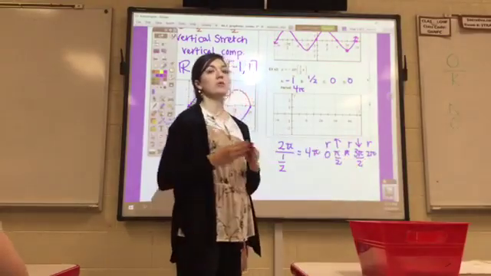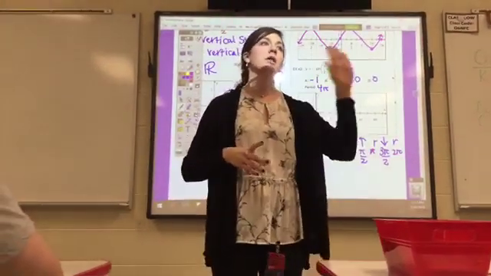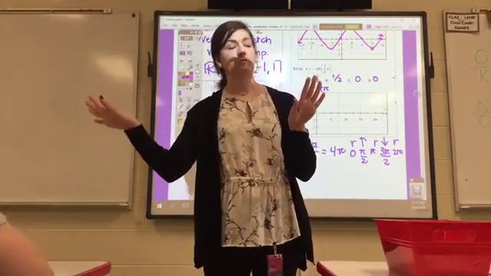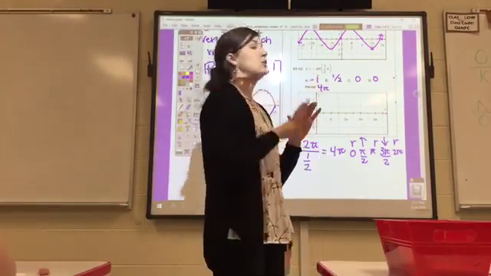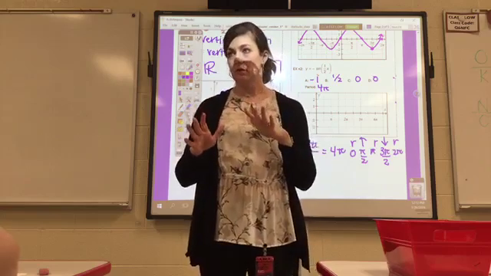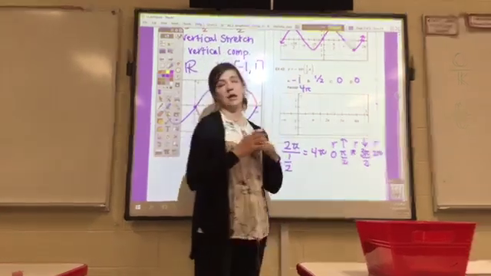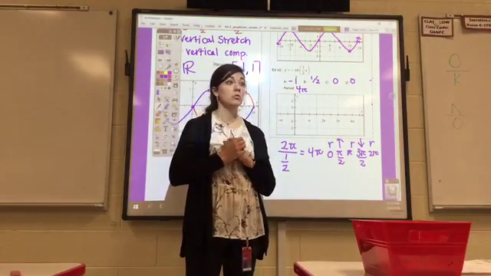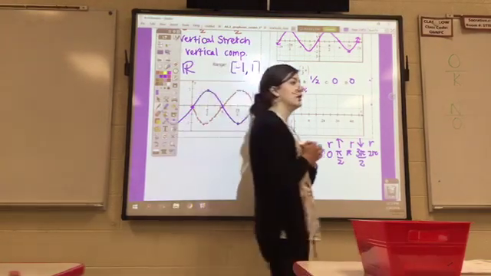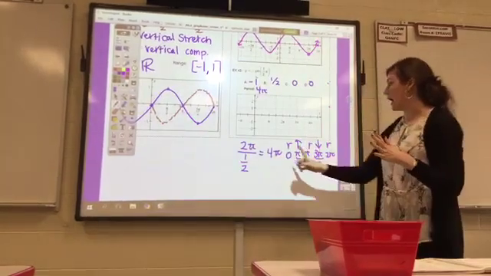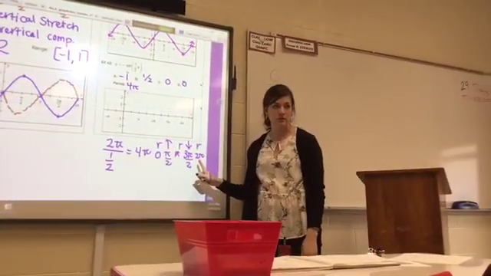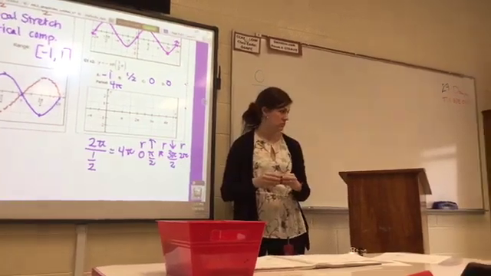Remember when we were talking about if I had x plus 1, that really moved everything which way? Left. Left 1. Okay? We do the opposite of what it says. Right? So what's the opposite of 1/2 x? 2. Okay? So I'm really going to multiply all of these points by 2.